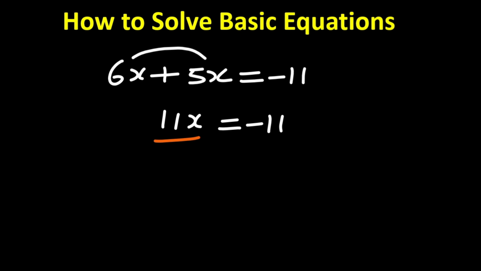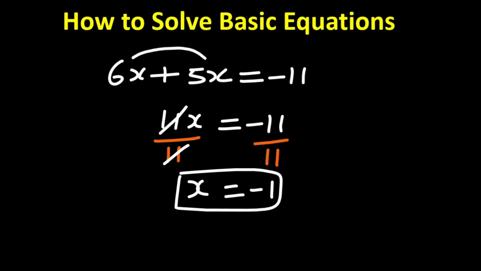So you divide by the same number 11 on both sides of the equation. So you can cancel out 11 here and we get x equals negative 11 divided by 11. That's going to be negative 1. So the answer is x equals negative 1. So that is the value of x. You can always plug back in the question and check if that's the correct answer.